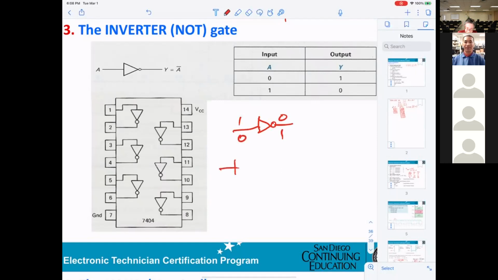And now you can see you get 1 here, 1 here, 1 here, 1 here.